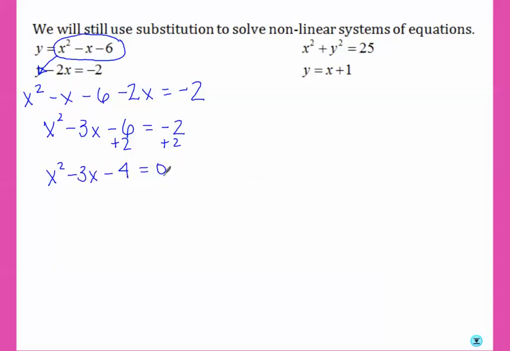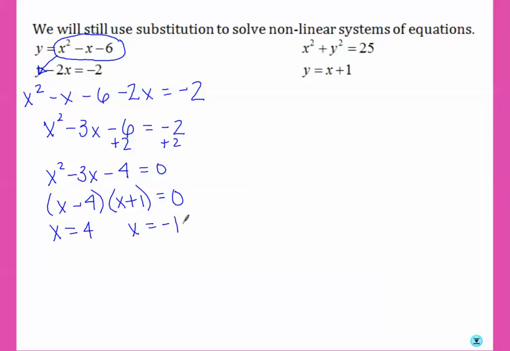Let's see if we can factor this, because that tends to be the least amount of work. What two numbers multiply to give us -4 and add up to -3? That would be x minus 4 and x plus 1 equals 0. So that tells us that x can equal 4 or x can equal -1.